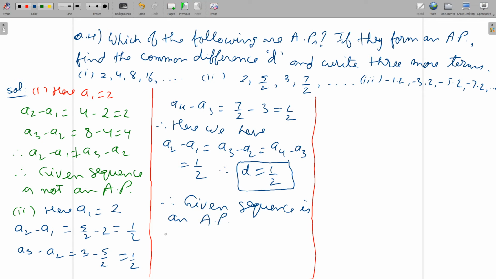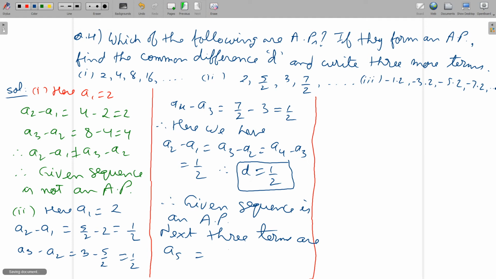Now we'll write down the next three terms. How many terms are given to us? A1, A2, A3, A4. So the next three terms will be A5, A6 and A7. After A4 what will come is A5. How do we obtain A5?